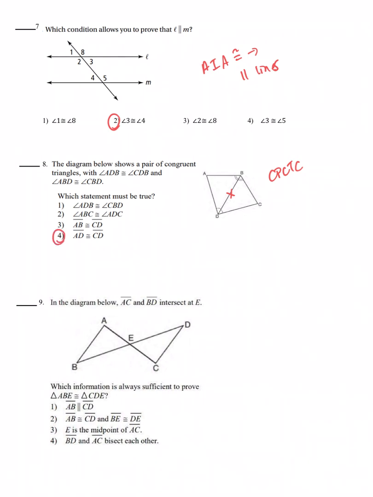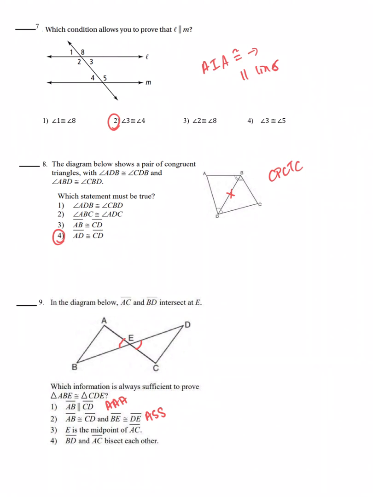In number 9, we have these intersecting. We automatically have vertical angles. If we had parallel lines, that would not be enough because that would just give us AAA. If we had AB and CD and then BE, that would be angle side side, so that would not be enough unless we had right angles, which means these lines would be perpendicular.